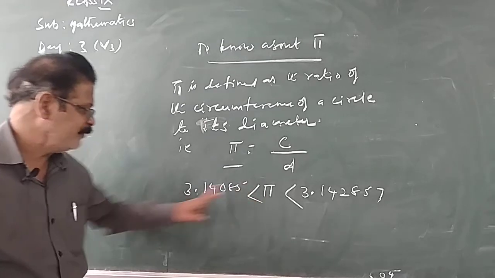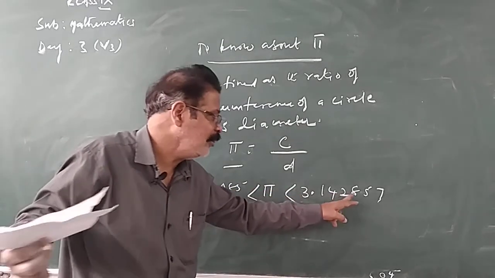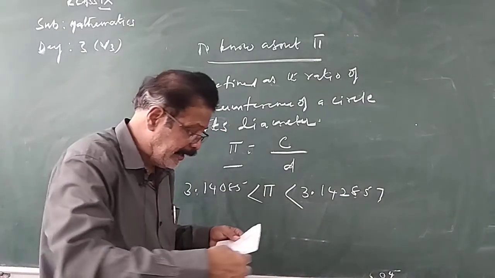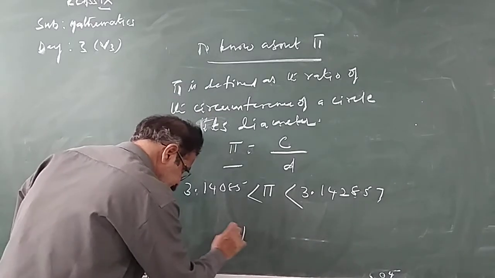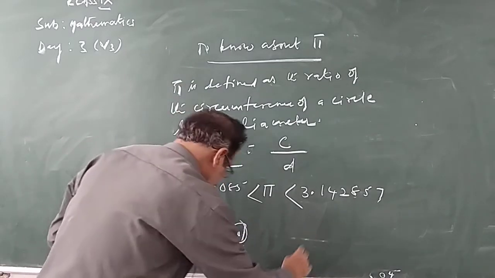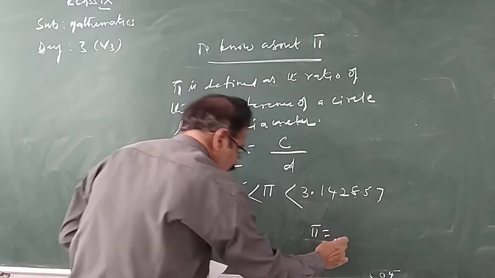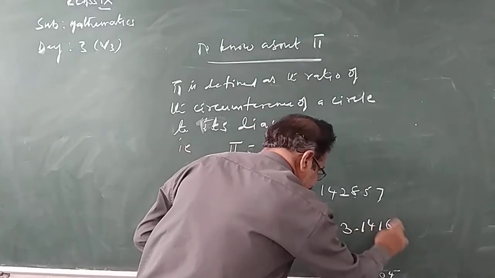Pi value lies between 3.14085 and 3.142857. And later, the pi value was corrected up to 4 decimals: 3.1416.